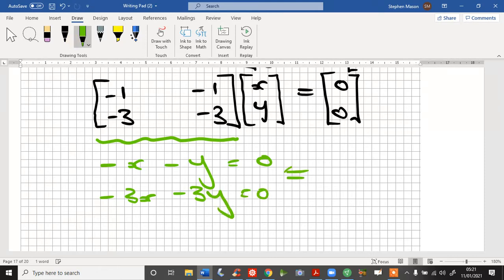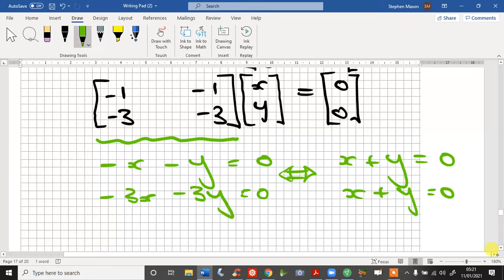The first is the same as x plus y equals 0 by dividing both sides by minus 1, and the second is the same as x plus y again by dividing both sides by minus 3. So both of those equations are consistent with each other.